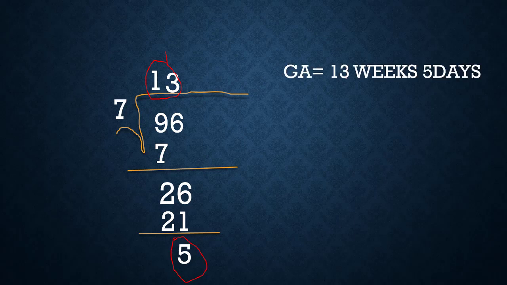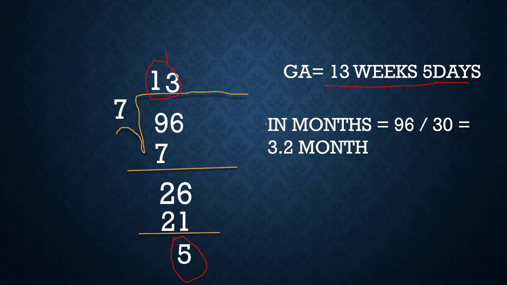We will write 13 weeks 5 days. So your fetus is 13 weeks and 5 days old. Now if someone asks you the age of your fetus in months, you just have to divide this 96 by 30. So 96 divided by 30 is equal to 3.2 months. So in months, your fetus is 3.2 months.